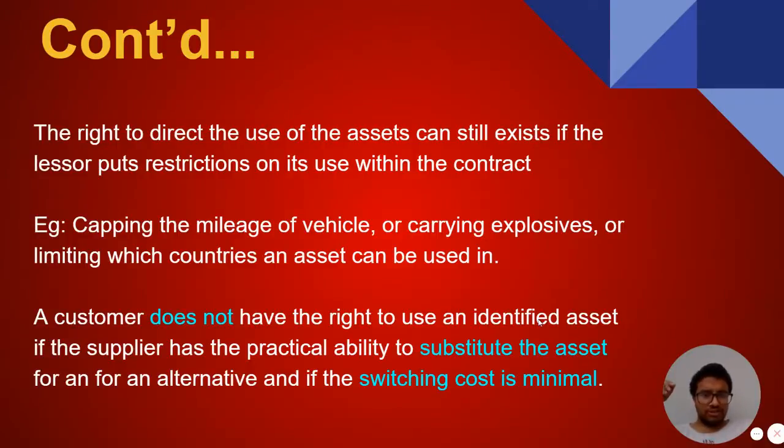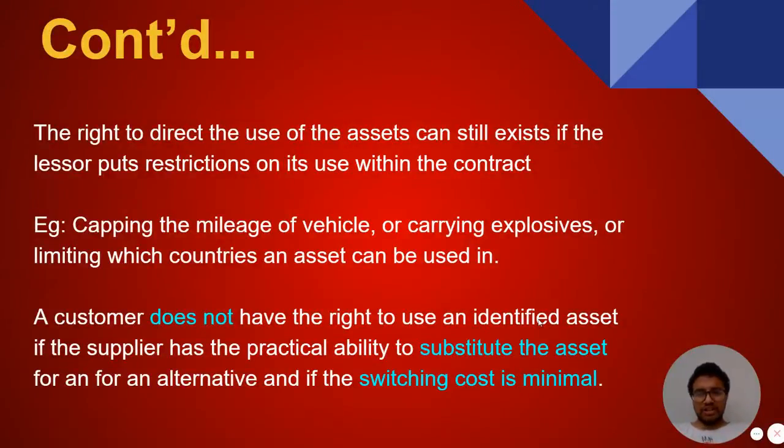They are just putting restrictions on the use, trying to minimize the scope of it. Even though they restrict the use within that contract, the lessee still has the right to direct its use. At the end of the day, they can direct its use.